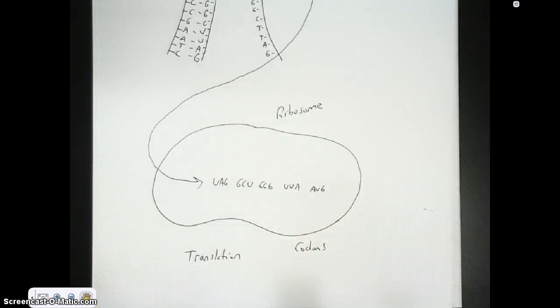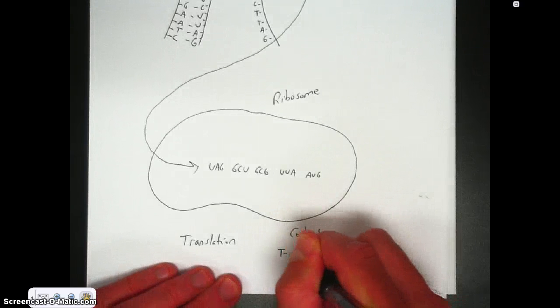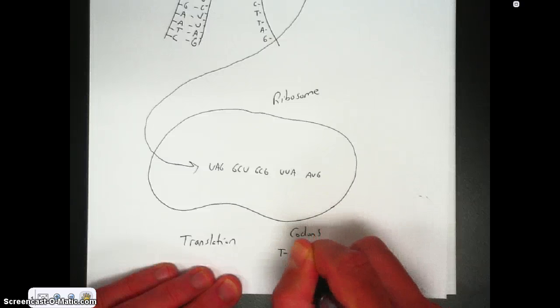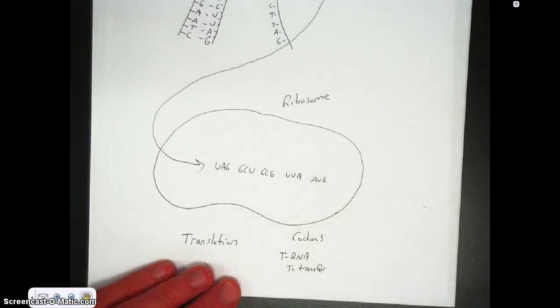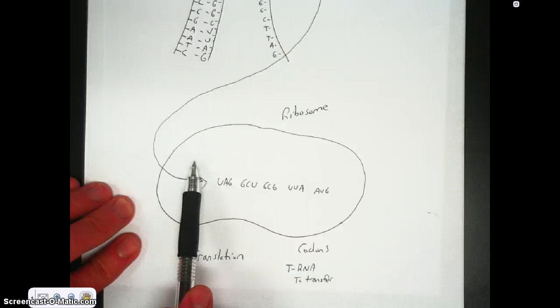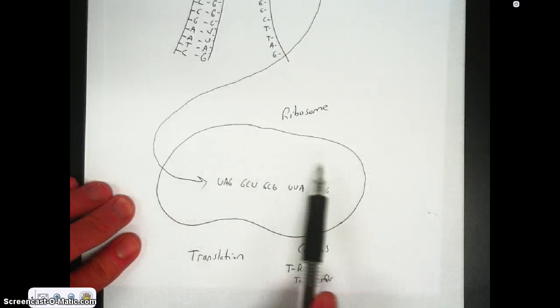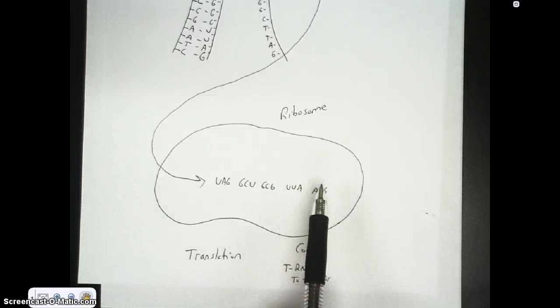Now, in order for translation to take place, I have to utilize another kind of RNA. This RNA is called tRNA, and the T stands for transfer. Now what's going to happen is the transfer RNA molecule is going to read the codons, and when it sees the codon that matches up with it, it's going to go fetch the amino acid that it needs.